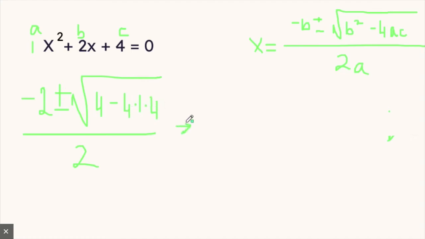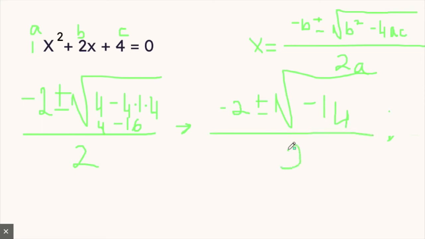So we can rewrite this as negative 2 plus minus the square root of 4 minus 16, which is going to give us negative 12, over 2.